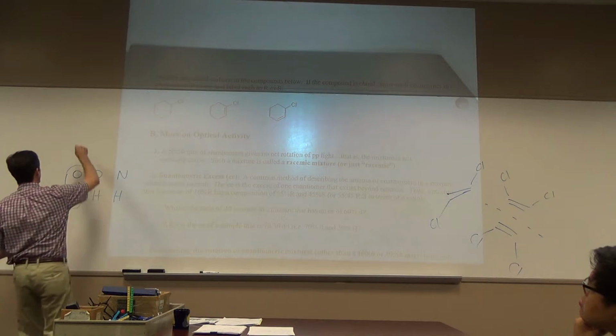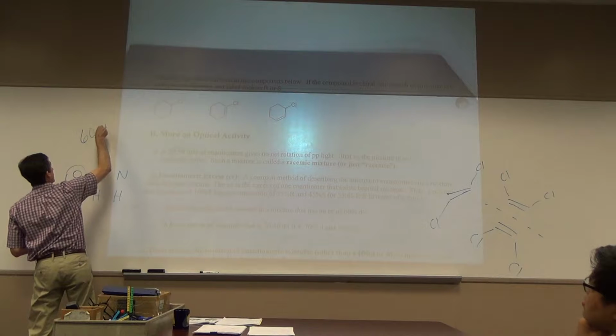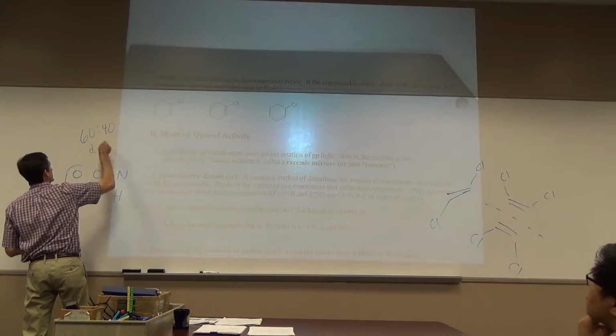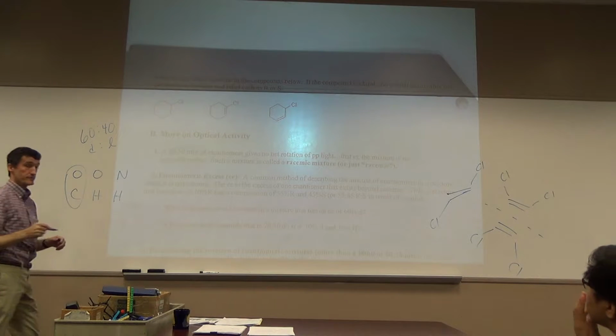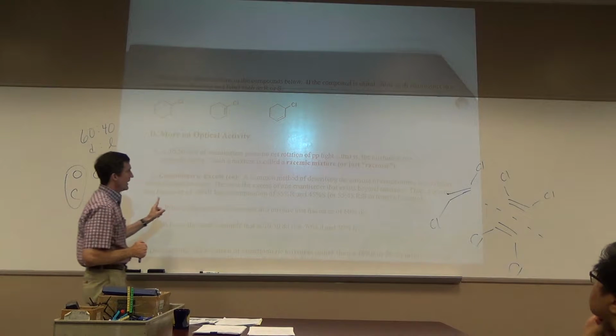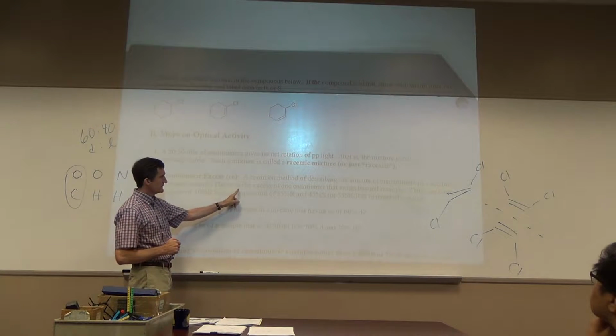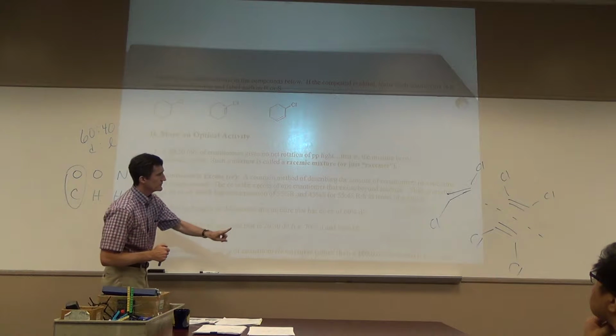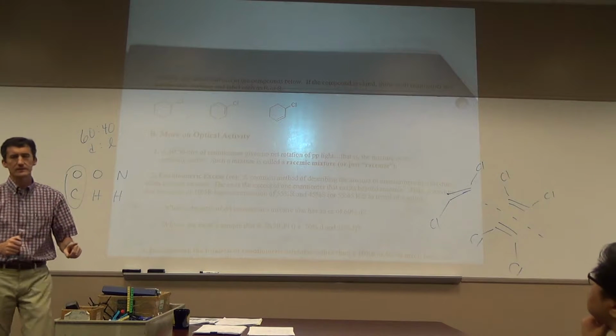Now, what if it's 60-40? Like, okay, D to L, right? Well, you could say I have a 60-40 mix, and people will know what you're talking about, 60%, 40%. But there's another way to describe that. It's called an enantiomeric excess. The enantiomeric excess is the excess of one enantiomer that exists beyond racemic.